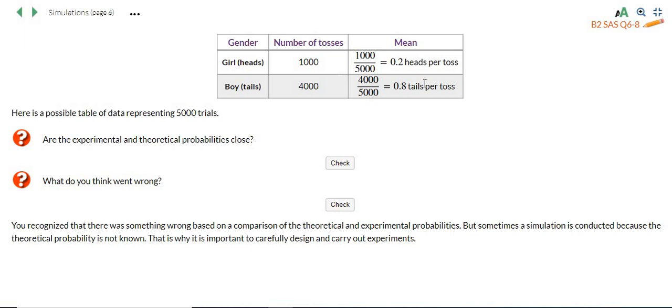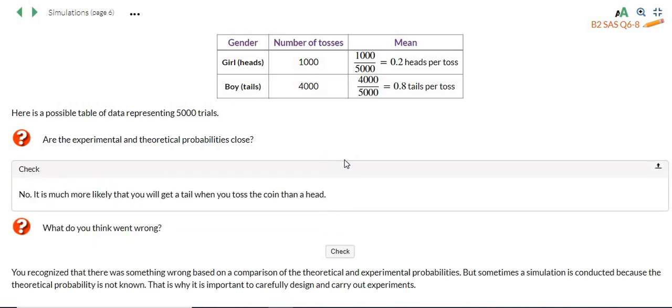And the first question, number 7, asks, are the experimental and theoretical probabilities close? So our theoretical was 50-50. Is 20% and 80% close to 50-50? I do not believe they are. No, it is much more likely that you would get tails when you toss the coin than heads.